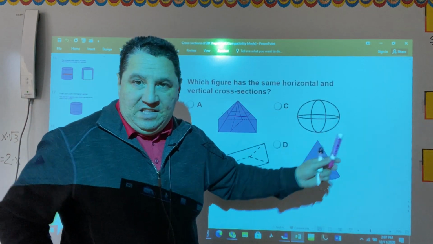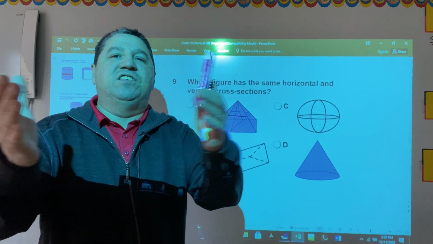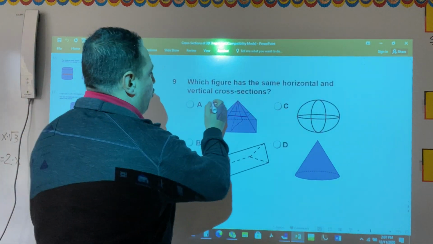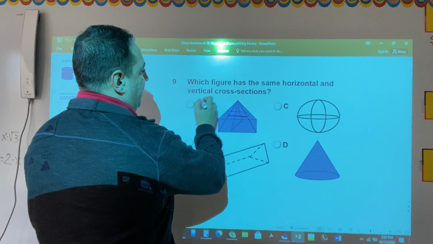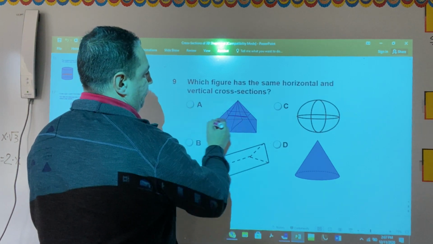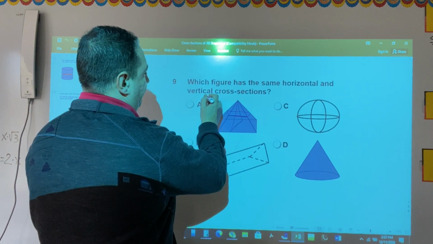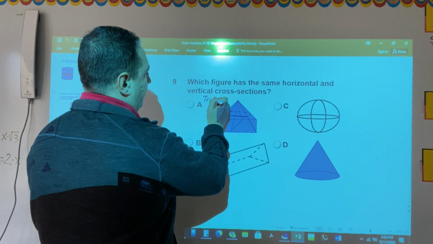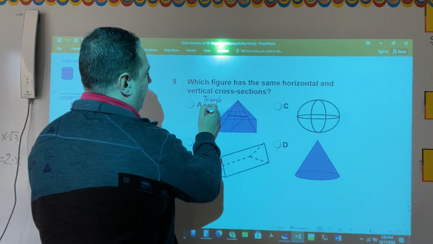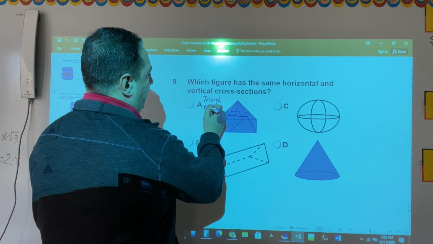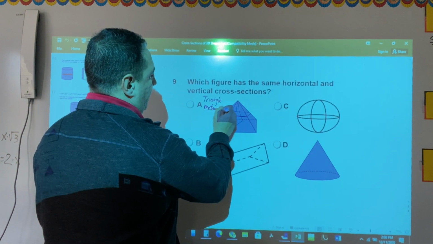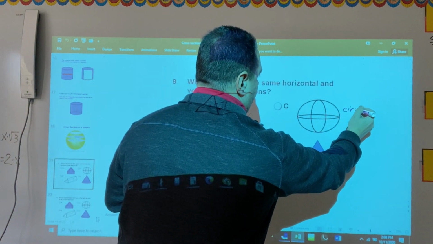For a sphere, the only cross section is a circle. Here we may have a triangle or a rectangle. Here, a circle.